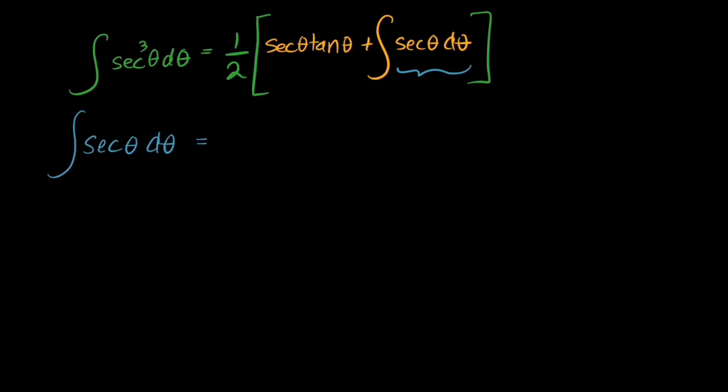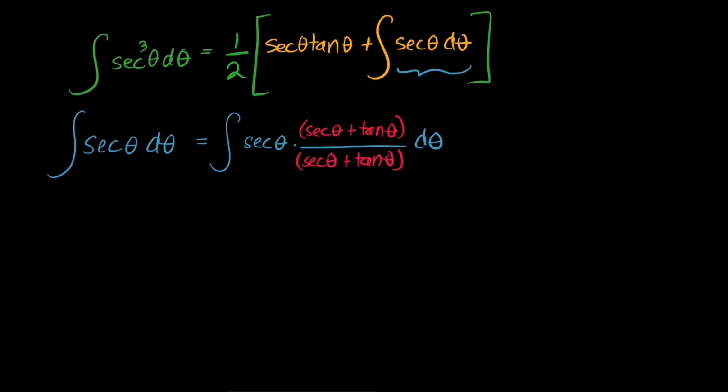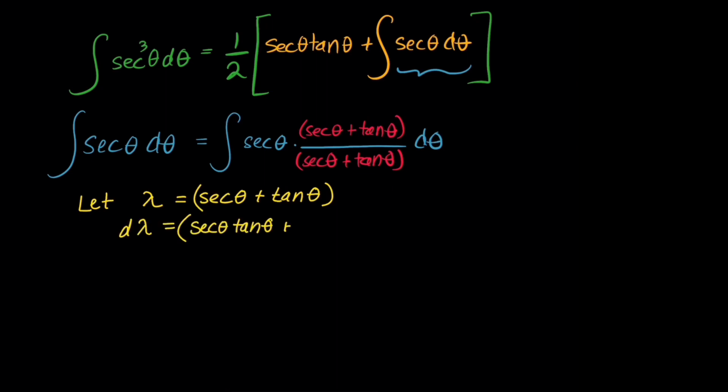So the integral of secant theta d theta is done with a tricky substitution of a fancy form of 1. We're going to put secant theta plus tan theta over itself, so multiplying by it will be essentially like multiplying by 1. But this substitution is clever. So we'll let lambda be this substitution of secant theta plus tan theta, and with differentiating that, we'll find that something interesting happens here.